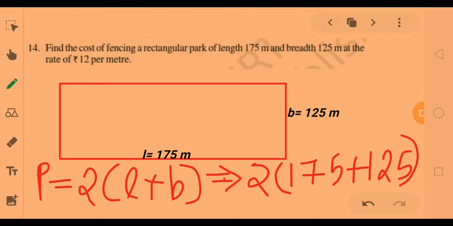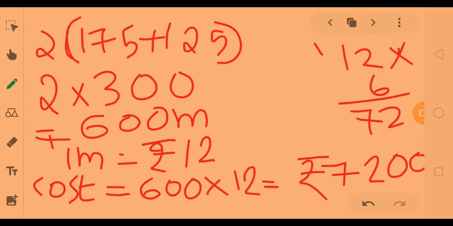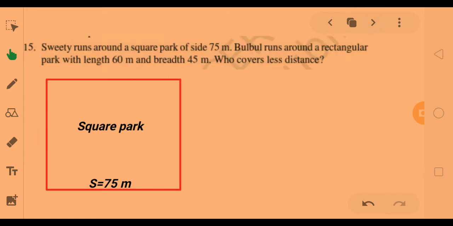So what we did, we calculate the perimeter of the rectangular park. Then the cost per meter is given 12 rupees. Then we multiply the perimeter times the cost per meter in order to get the total cost for fencing the rectangular park.